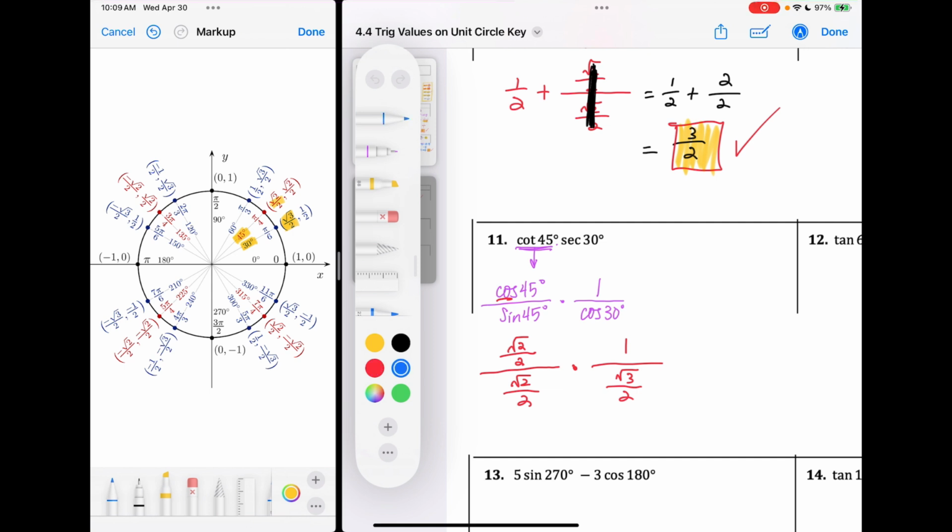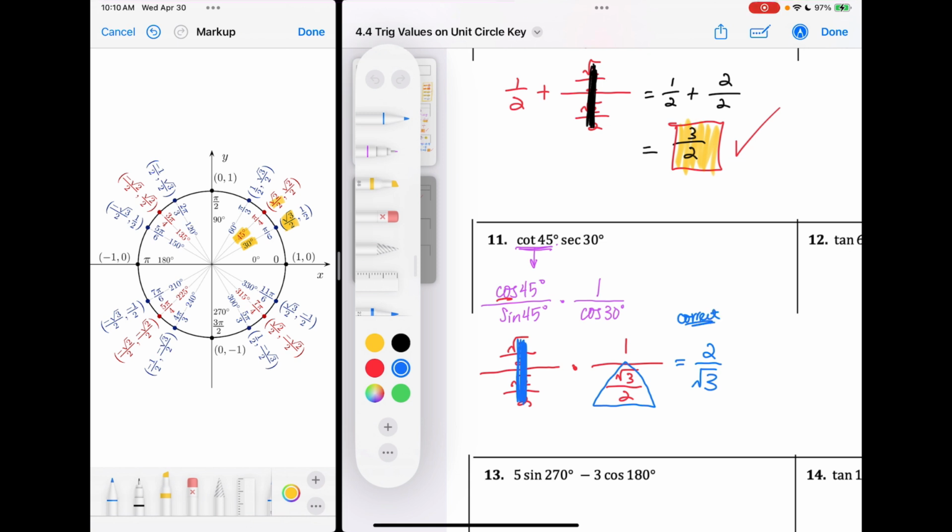Now square root 2 over 2 over square root 2 over 2 is just a 1. So 1 times this fraction, I can flip it. Once I flip that, it becomes 2 over square root 3. In class, we talk about that.